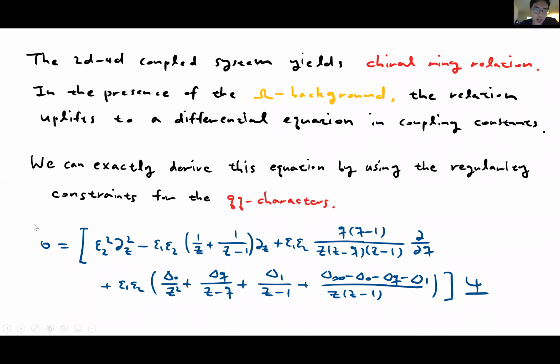The differential equation I'm talking about is 0 equals this differential operator annihilating the surface partition function here. As you can see, it's a differential operator in Z and Q, which are coupling constants. Epsilon 1 and epsilon 2 are omega background parameters, as I introduced earlier. And moreover, we have these delta parameters. They are some combinations of hypermultiplet masses. So you can just view them as masses of the hypermultiplets.